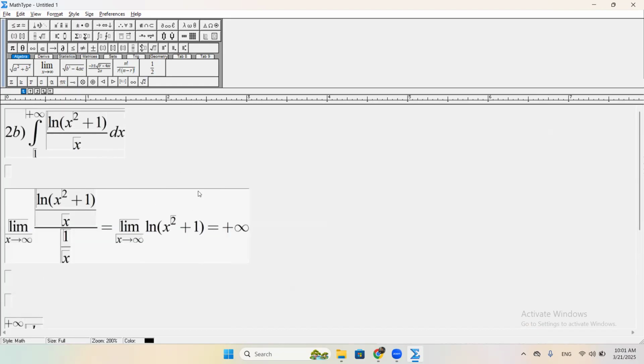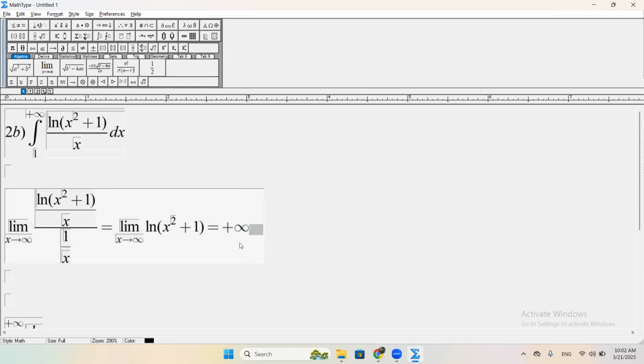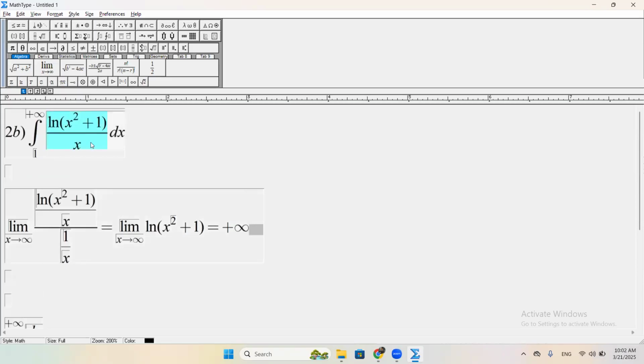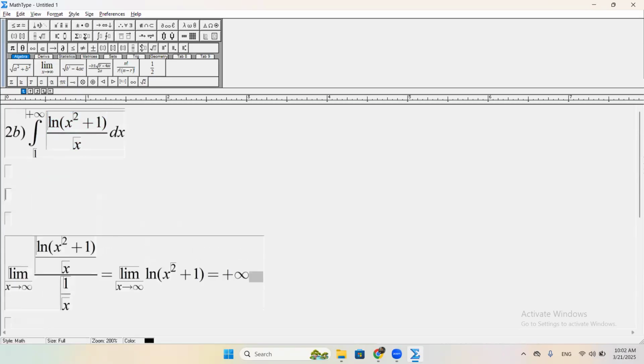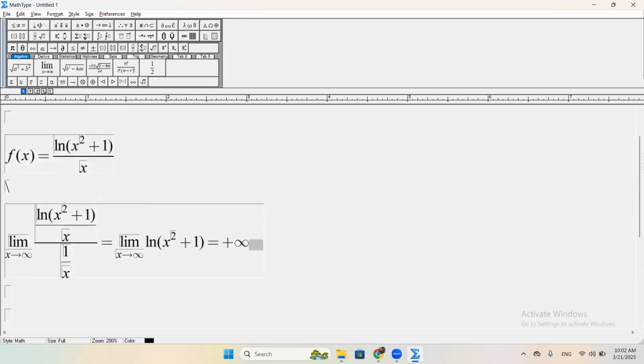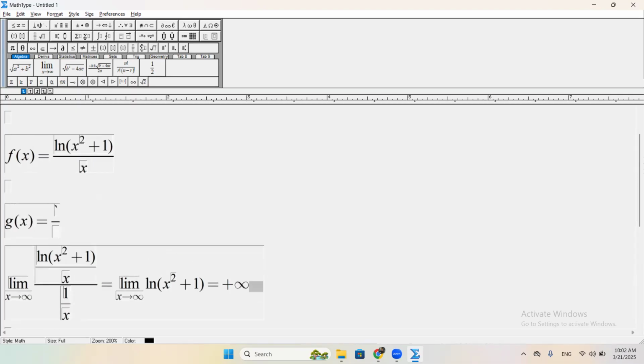So with calculating this limit we just concluded this integrand. Okay, let's write f of x equals this, and g of x equals 1 over x.